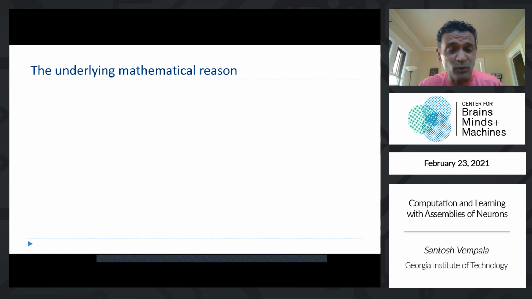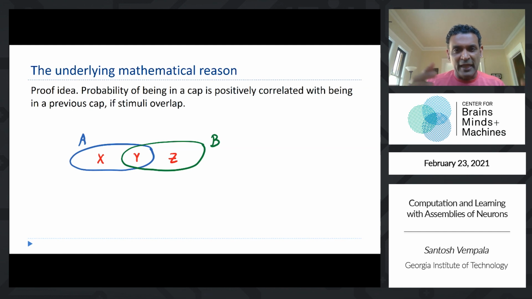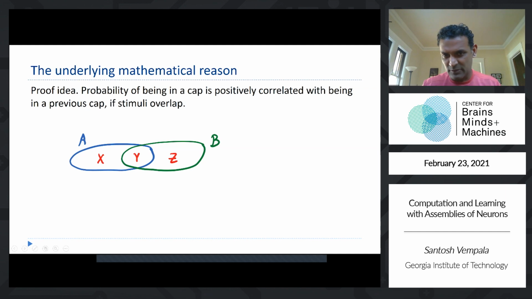So why is this the case? Why is the overlap in the cap higher? This is relatively easy to explain. The idea is it's probability. So you have a subset A, and suppose this is the cap that came out of one stimulus. What does it mean that these neurons won?